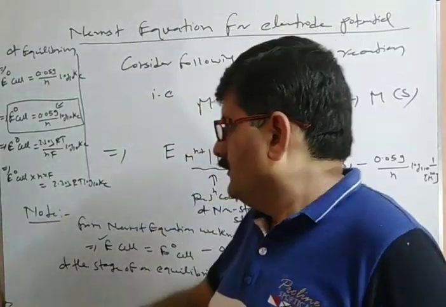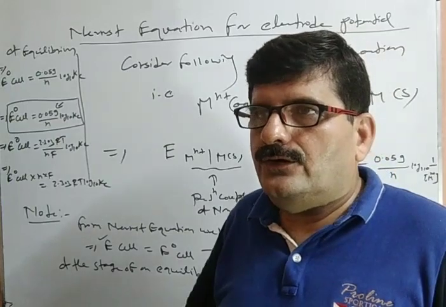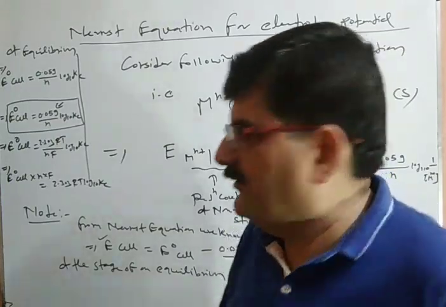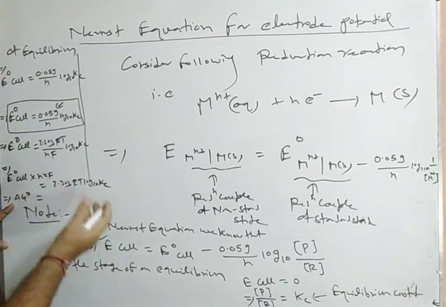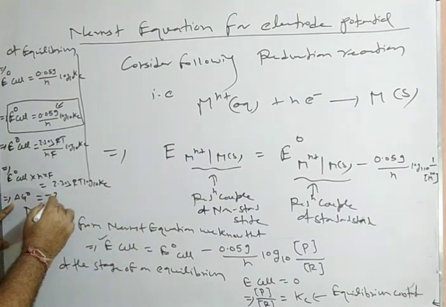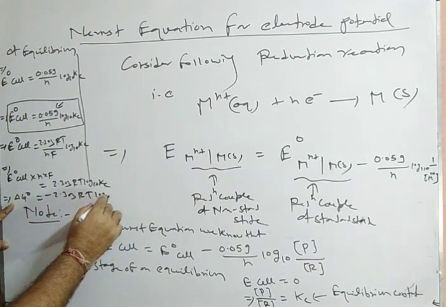E naught cell into n into F is equal to what? Delta G. So we can write delta G naught, but the sign becomes negative. So the negative sign can be written on the right side, minus 2.303 RT log base 10 Kc.